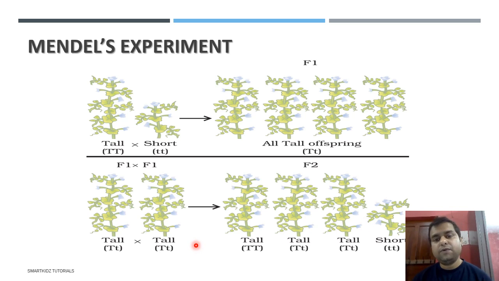But as he carried out the same experiments, see, it is important to arrive at a conclusion in science. You need to have repeated observations. Repeated observations giving the same results, only then you can conclude that so and so is the result.